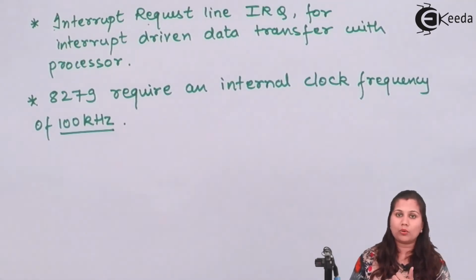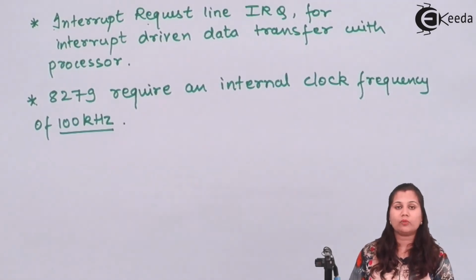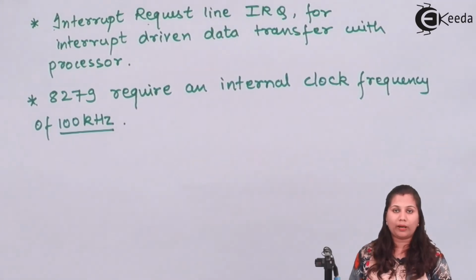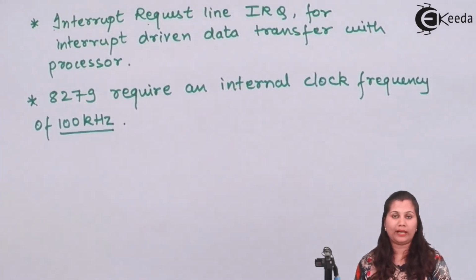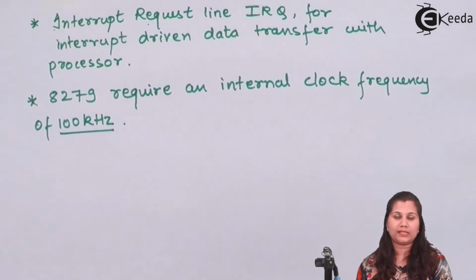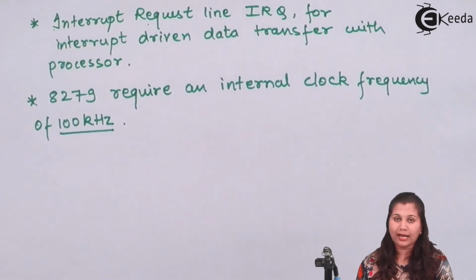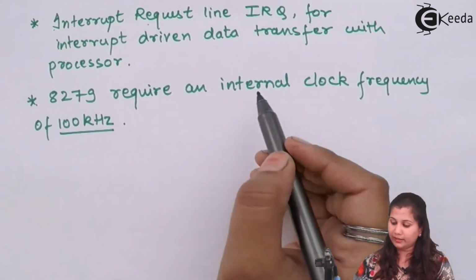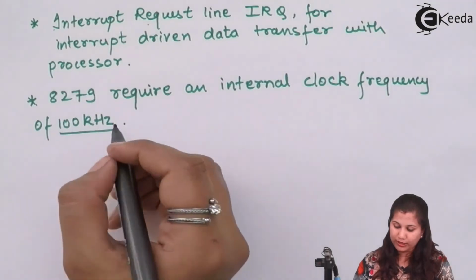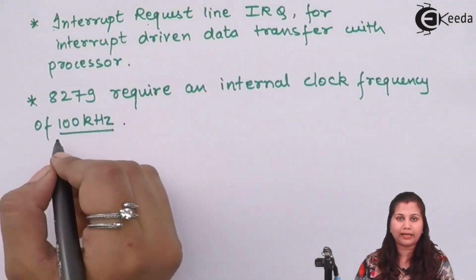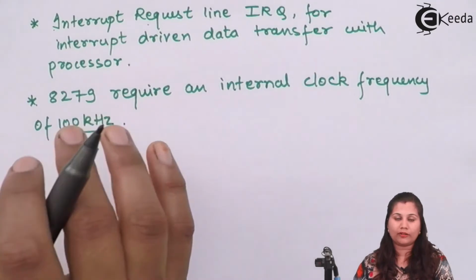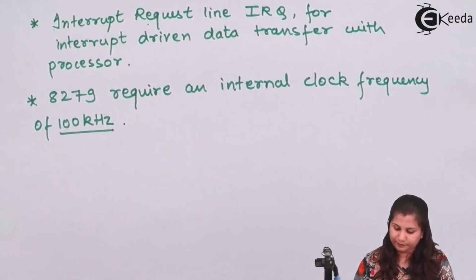We have studied in the modes of 8279 that we have a programmable clock frequency mode in which a 5-bit count is provided, and the input frequency provided by the crystal is divided by that 5-bit constant, which is known as the prescaler, and that division provides us the internal clock frequency.